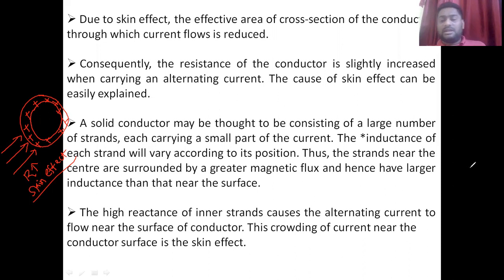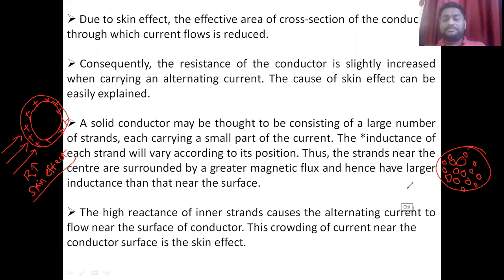Suppose we consider that the conductor is made up of a large number of small conductors. Each conductor carries a current, and each conductor carrying current causes magnetic flux around it.